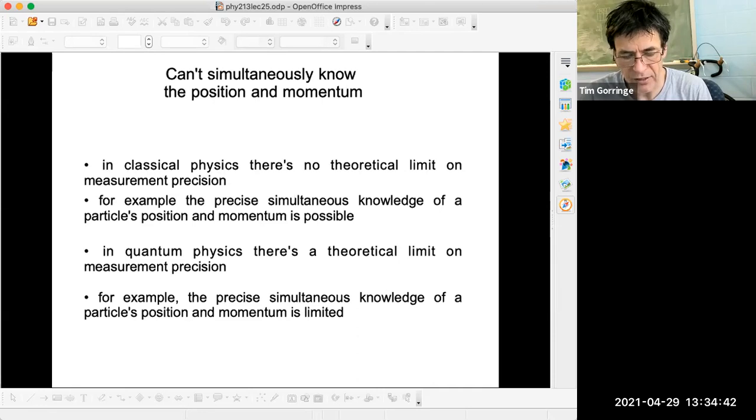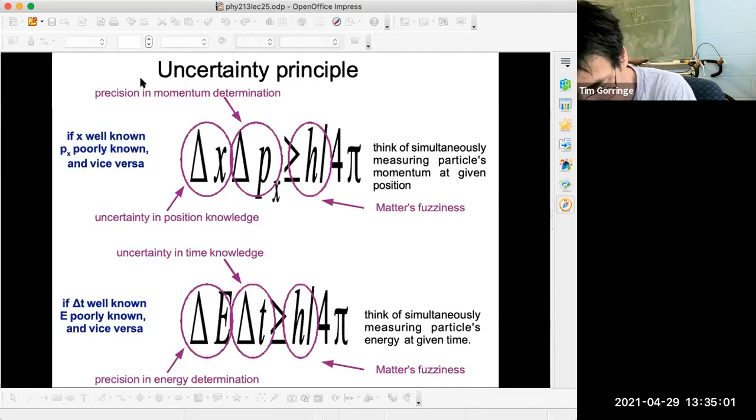In quantum physics, there is a theoretical limit on how well you can know the position and the momentum of a particle. You can't know them as well as you could, in principle, measure them individually. There's a limit on how well you can simultaneously know them. And so that's the uncertainty principle.